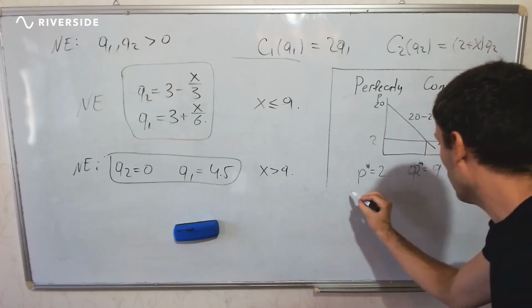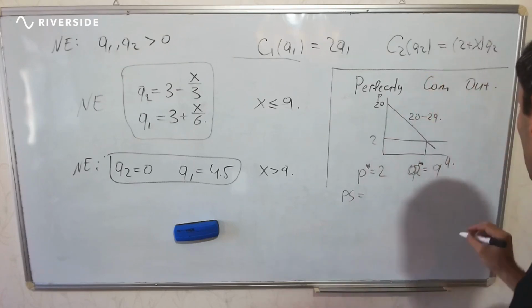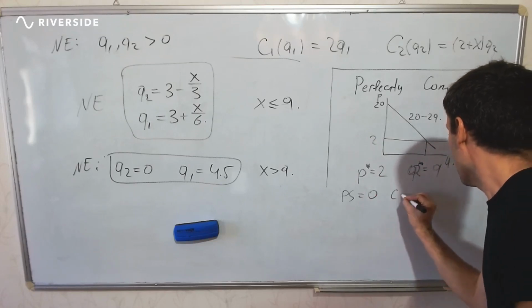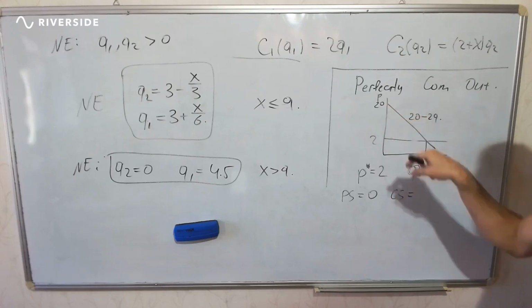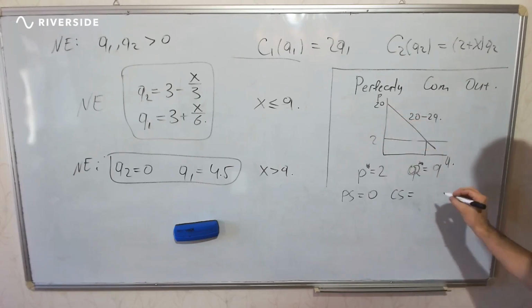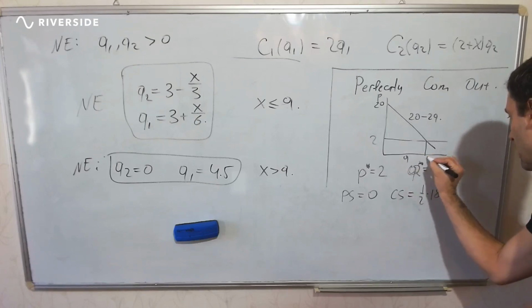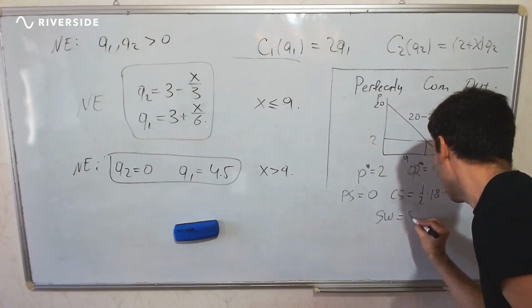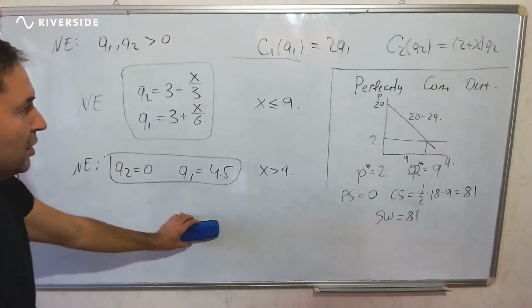What else do we need to calculate? Producer surplus here is just profits, and with constant marginal cost, profits will be 0. Consumer surplus is just this triangle: 1/2 times 18 times 9, so it's 81. And so social welfare here is 81. That's what we will be comparing against.